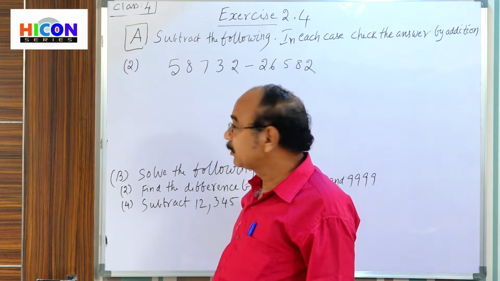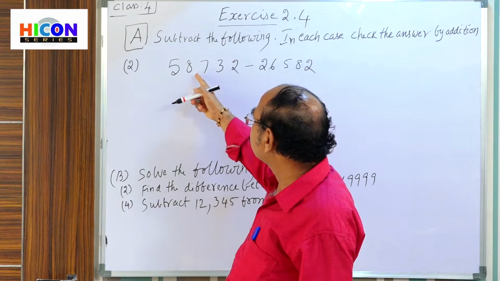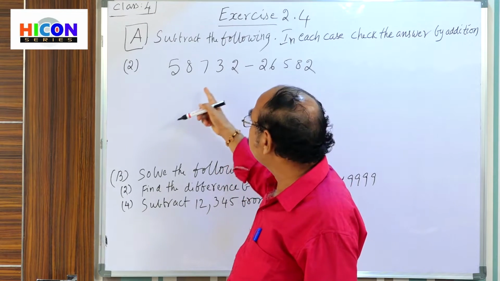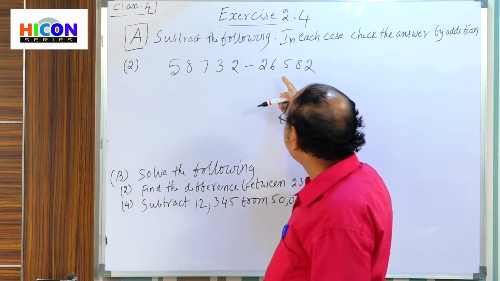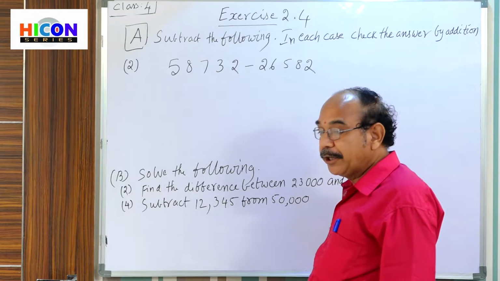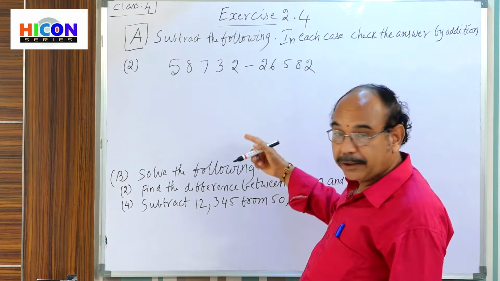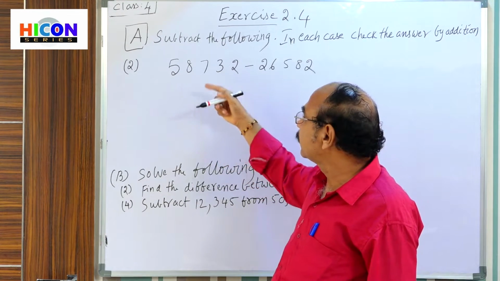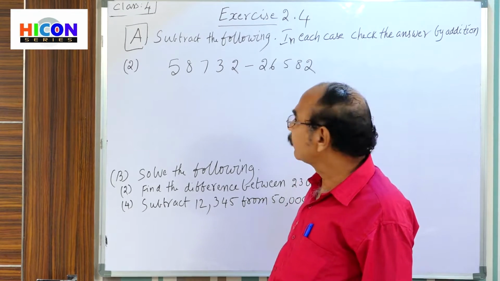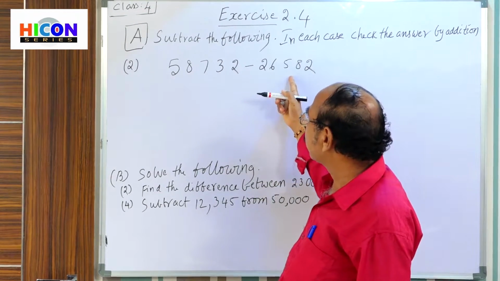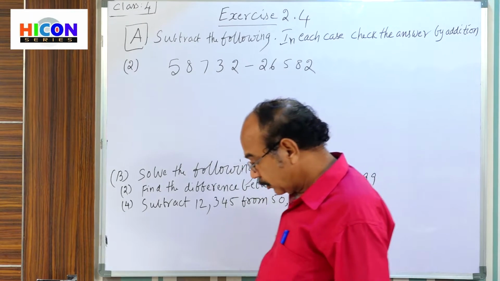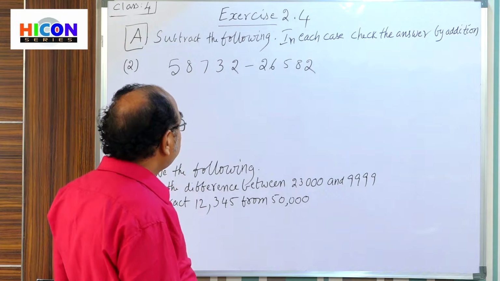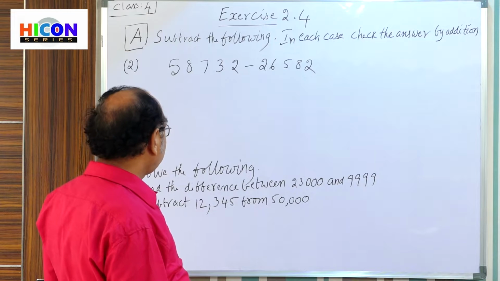The sum is like this. From 58,732, subtract 26,582. This number is to be subtracted from this number. In this subtraction, we write the numbers one below the other.